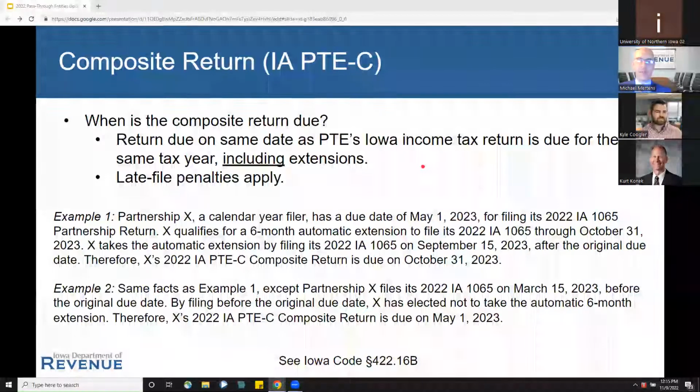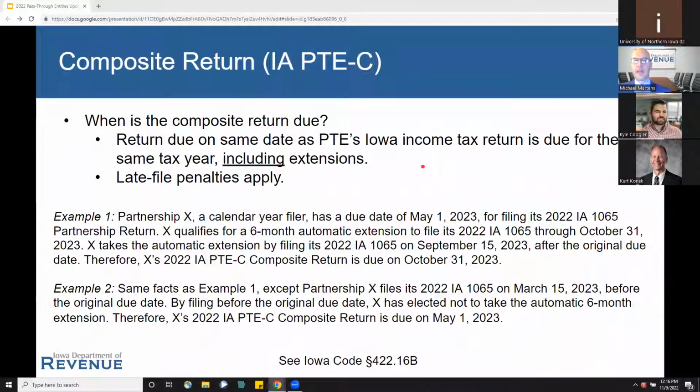Late filing penalties do apply for filing a composite return late. Those late file penalties are like other penalties under Iowa law, 5% of the unpaid composite tax. But there is a late file penalty exception if you pay at least 90% of the composite tax due by the original due date.